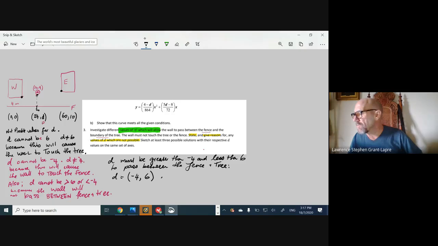Sketch at least 3 possible solutions with their respective values on the same axis. All right, any 3 values.